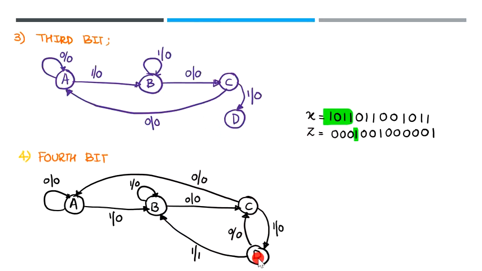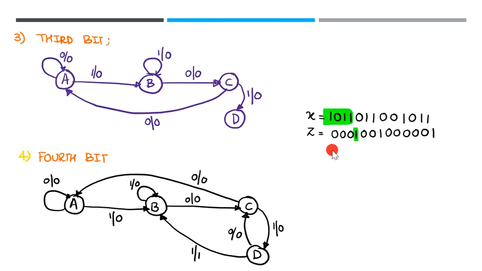If the fourth bit is equal to logic 1, then you need to change from D to B. So this will indicate that the first bit is already detected. If the fourth bit is logic 0, then you will make a change to state C, indicating that the first 2 bits, that is 1 0, have been correctly detected.